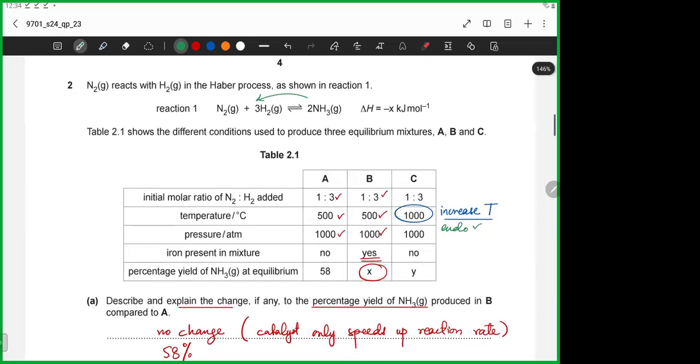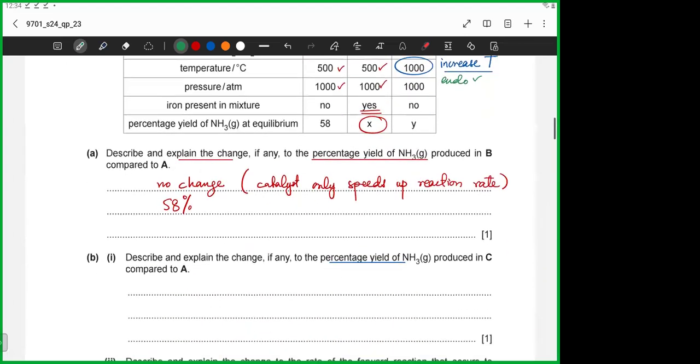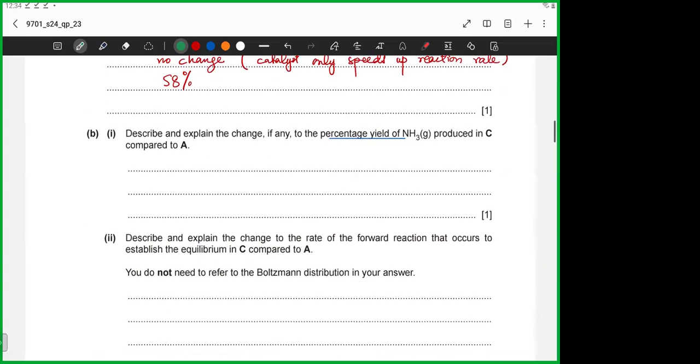Always remember, increased temperature favors the endothermic reaction, because the one that needs energy is the one that's going to speed up. This time explain the change, if any. So it will decrease, right?